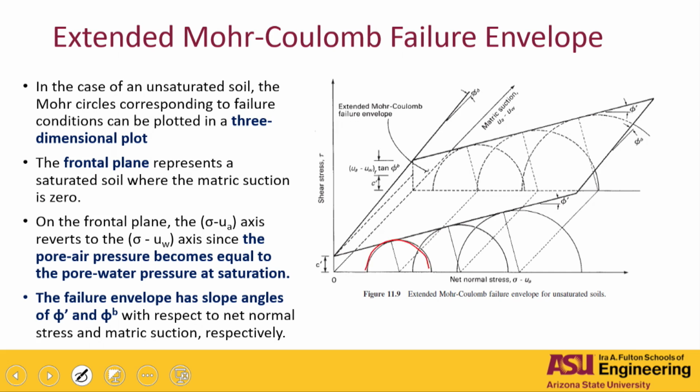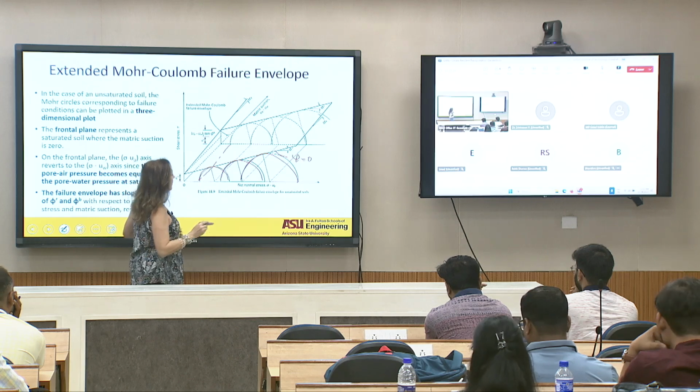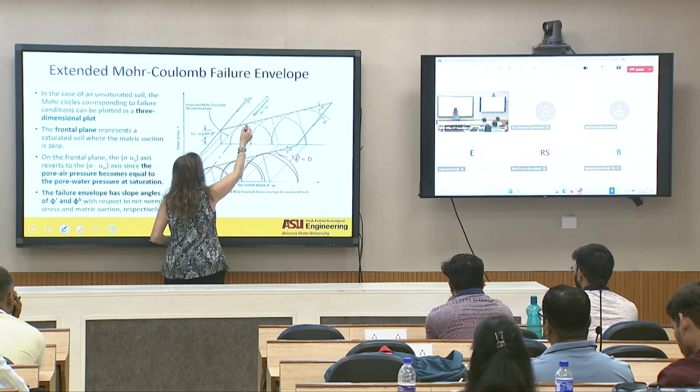So all these Mohr circles that you have there represent a failure surface for the suction equals zero condition. Now, if you start increasing your suction, basically the Mohr circle is going to be bigger at the same confining pressure, and therefore your shear strength is going to be higher. And how much higher is it?